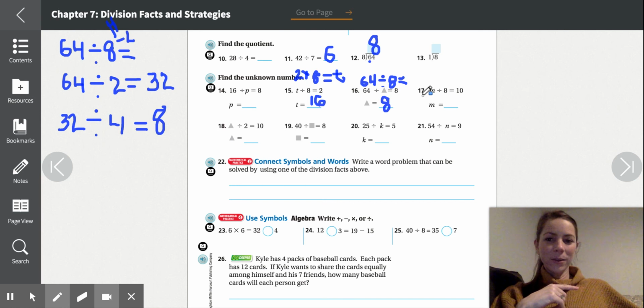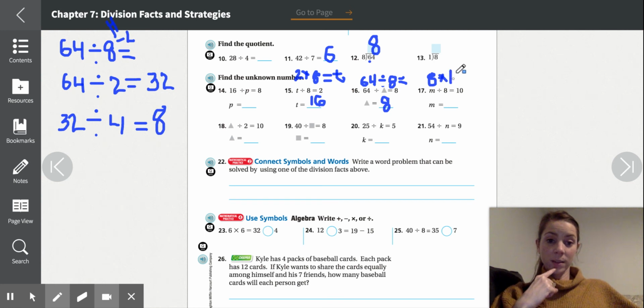Okay, number 17. What do you divide by 8? And the answer is 10. So I want this m to be at the end. If it's at the beginning in division, then it's at the end in multiplication. So I'm going to take the m and put it at the end, and the 8 and the 10 at the beginning, but I have to change it to multiplication now.